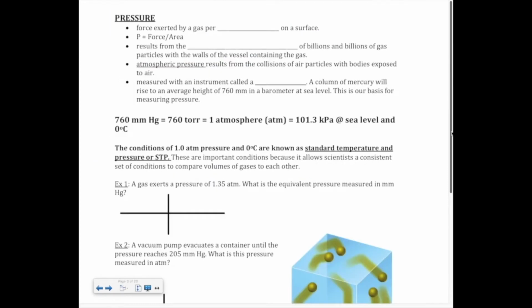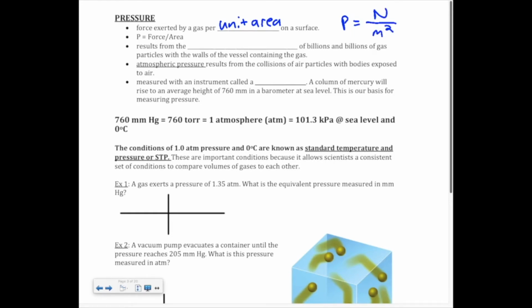So you guys are familiar with temperature and you're familiar with volume, but you're probably not really familiar with pressure. And so let's discuss exactly what it is. It is defined as the force exerted by a gas per unit area on a surface. So it's the force divided by the area. And we measure force in newtons. So you may see in physics newtons per meter squared.